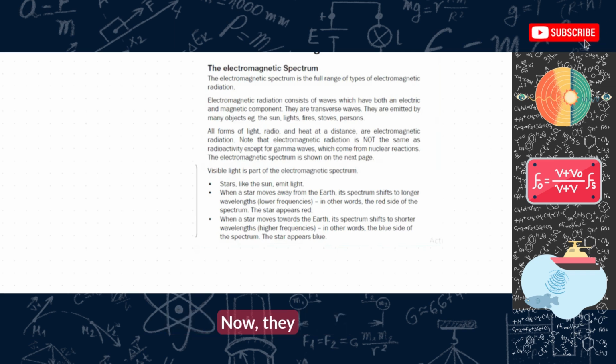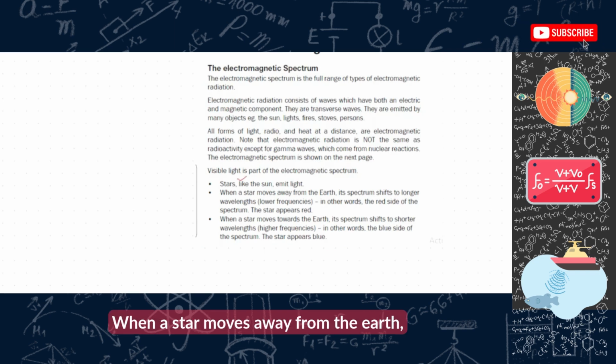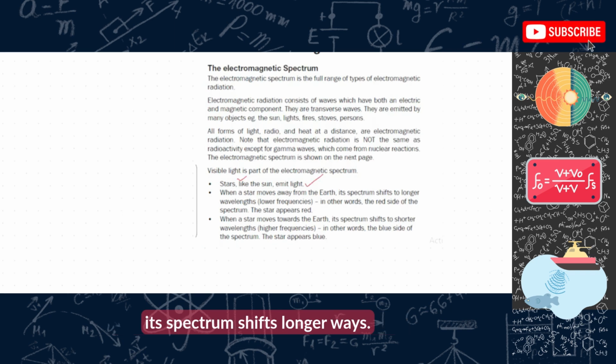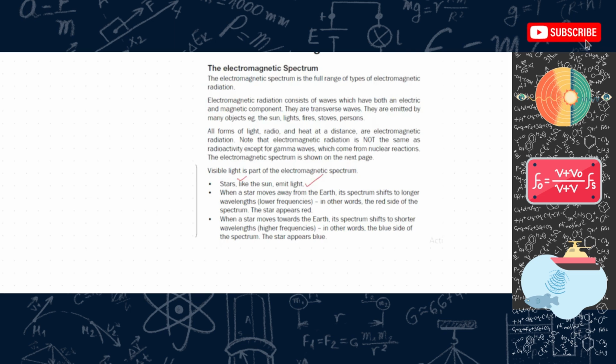Now, they use the Doppler effect to determine whether a star in space is moving towards us or away from us. Stars, like the sun, emit light. When a star moves away from the Earth, its spectrum shifts to longer waves, in other words, the red side of the spectrum. The star appears to be red when we look at it.